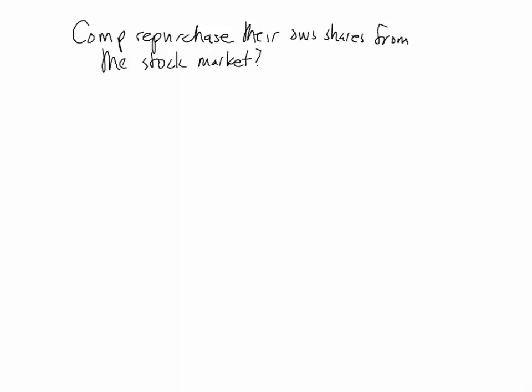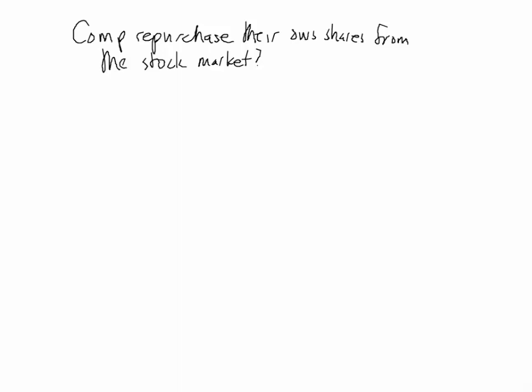So one, a company might repurchase to increase the value of the shares. Yes, that is actually true. When you repurchase shares, there's fewer shares on the open market, and if your company's value is high, that means each share becomes worth more. Two, a company will repurchase shares because their employees have been given stock options and the employees have exercised the stock options.